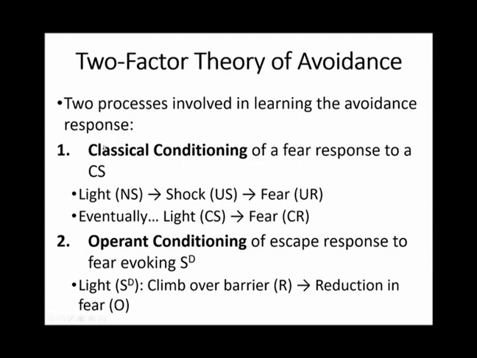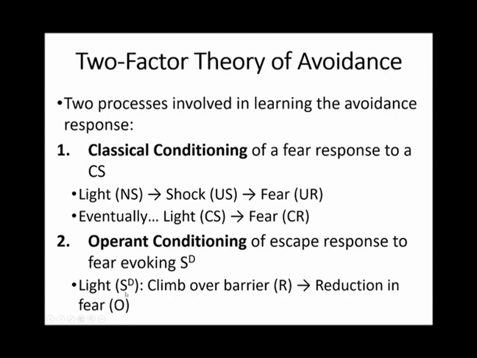And so this classical conditioning portion is important and essential for this avoidance part of it because they need to know that the light is telling them that the floor will be electrified so that they can avoid that electrification. And once they've learned that process, the rest is operant conditioning. So it's the escape response because of a fear-evoking discriminative stimulus.